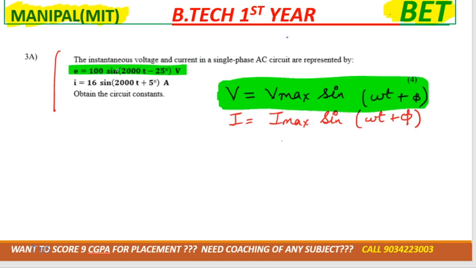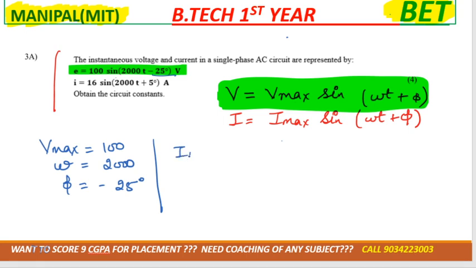Okay. Now if I compare this equation with the standard equation, we get the value V max, that is 100, right? Omega will become 2000, and phi is how much? Minus 25 degree, right? Similarly, for current, I max is 16, omega is 2000, and the phi angle is 5 degree.